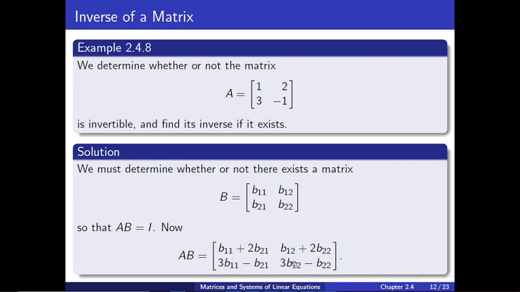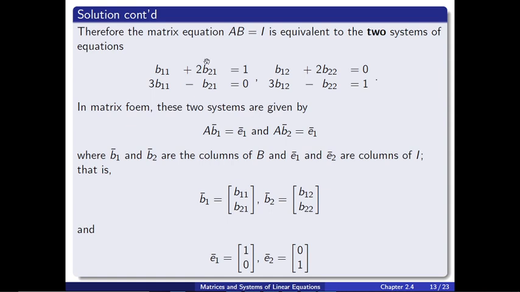And then the second system will be B12 plus 2B22 is equal to 0, and 3B12 minus B22 is equal to 1. The unknowns will be B12 and B22. Right, so those are the two systems that we have there.